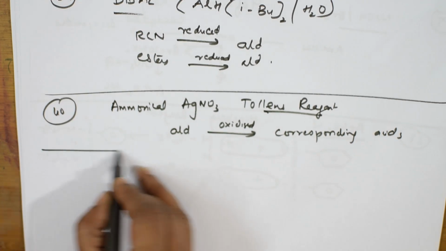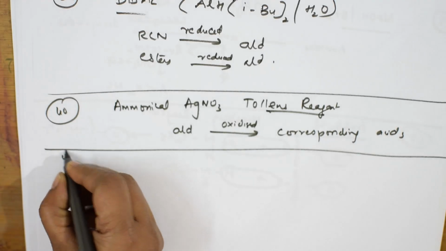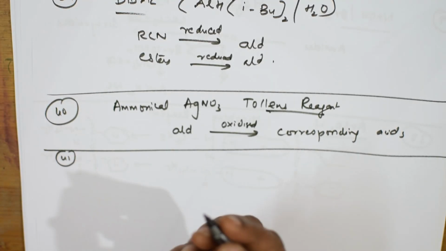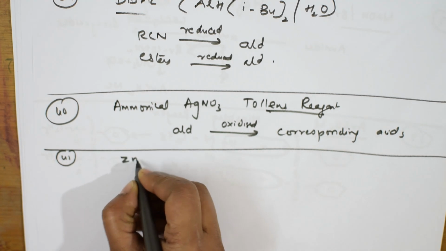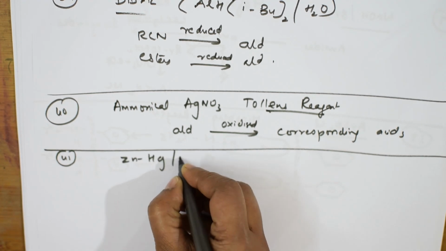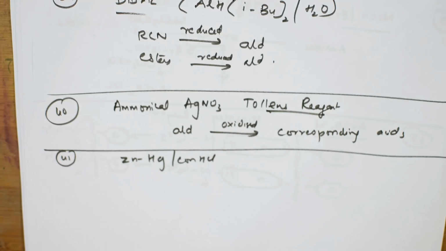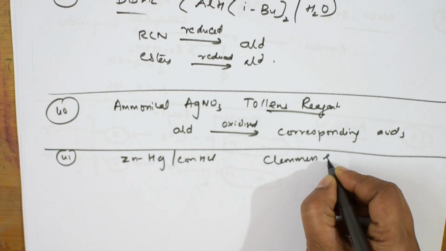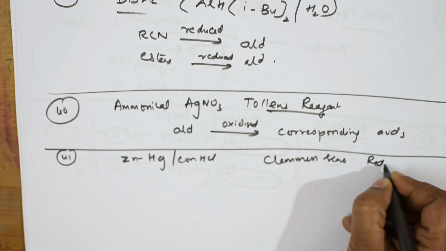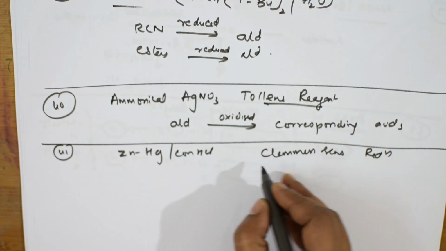Suppose I have one more, 41. Zinc amalgam, I told you already. This you also know, students. If you see zinc amalgam in the presence of concentrated HCl, this is called Clemmensen reduction.